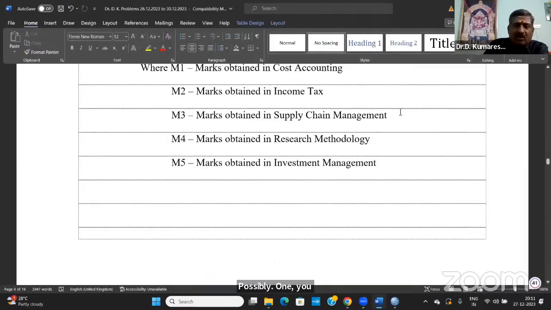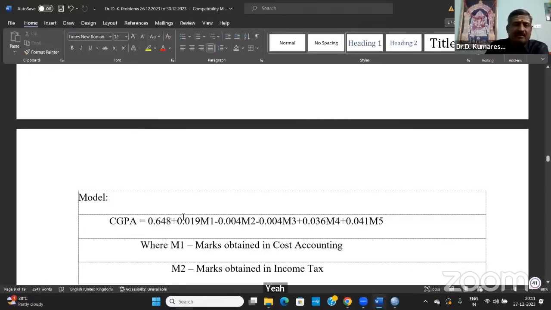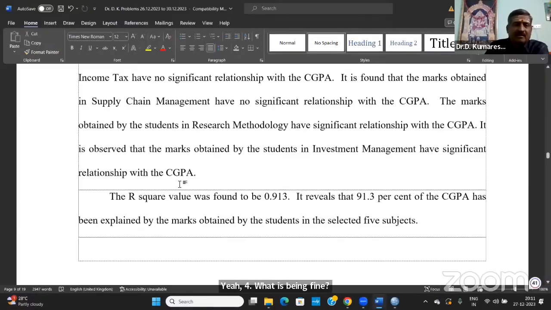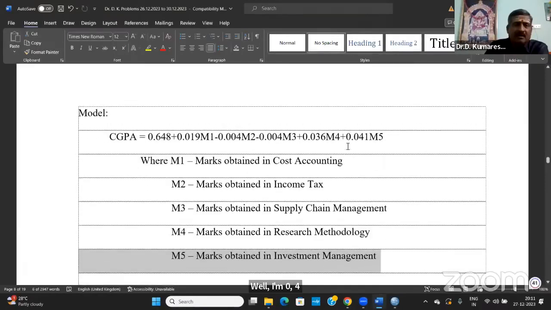So we put a plus symbol. Plus 0.036 M4. What is B5? 0.041. So the equation is plus 0.041 M5. That's all.